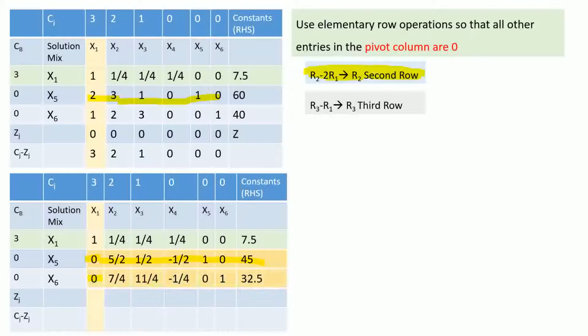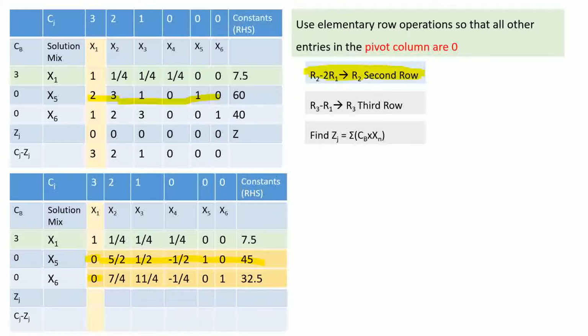And after getting all the modified versions of this simplex table, we have to calculate the new zj value. As I said before, zj can be calculated by the summation of cb, the coefficient of basic variable, times the corresponding xn column. Here we get 3 times 1, 3, plus 0 times 0, 0, plus 0 times 0.